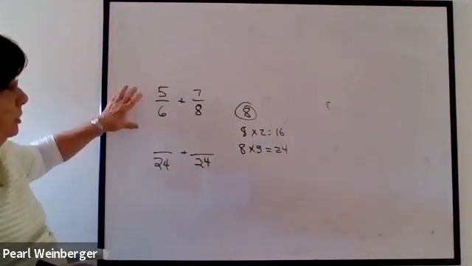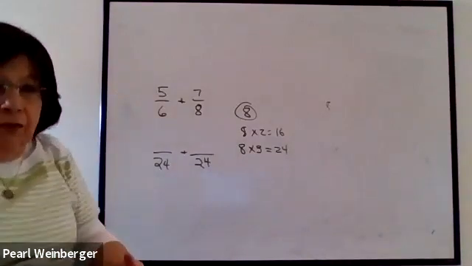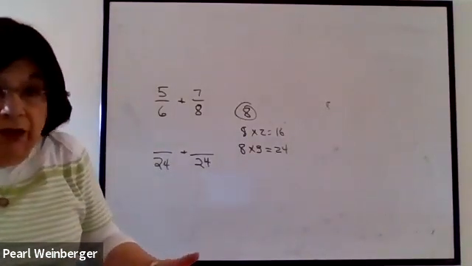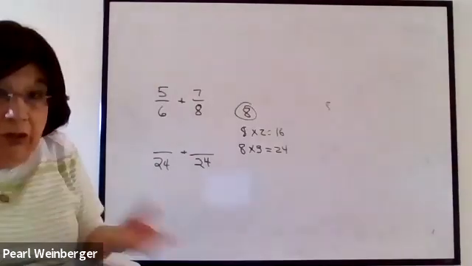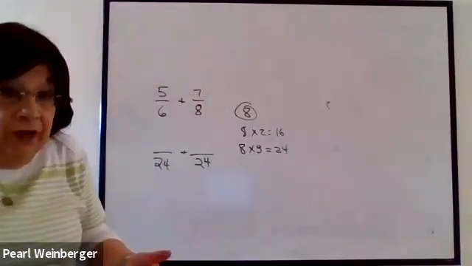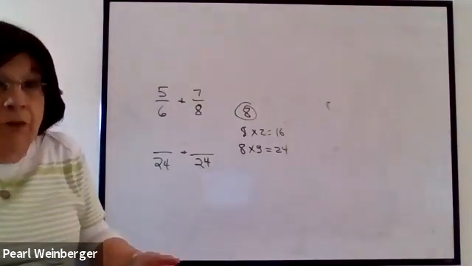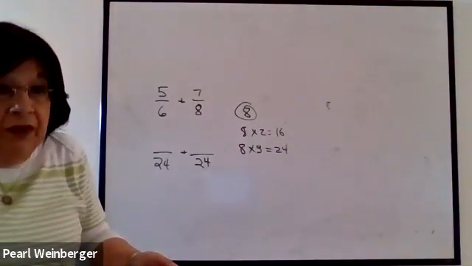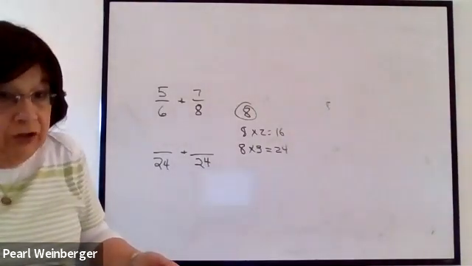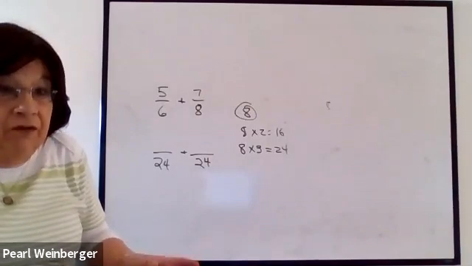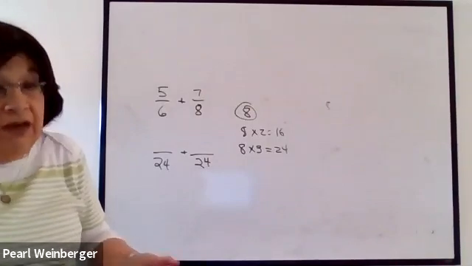Now, how do we change a fraction? A fraction is different than regular numbers. A regular number, like if I have the number 5, and I'm just dealing with whole numbers, the only thing 5 can be is 5. But when we're dealing with fractions, there are many different versions of the same fraction.